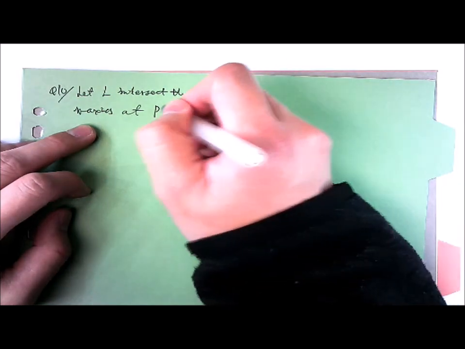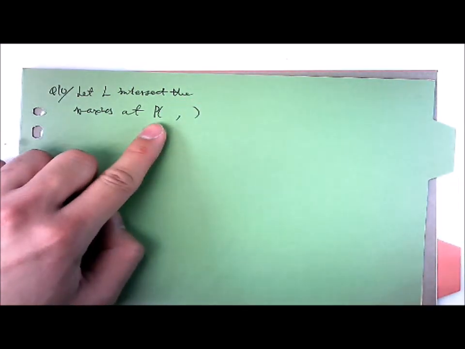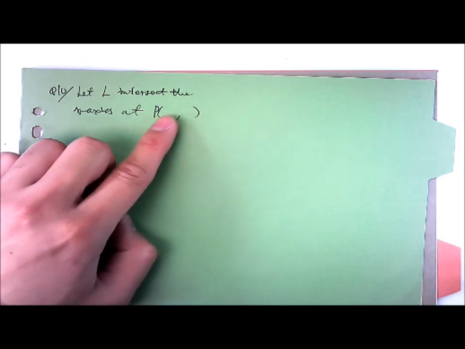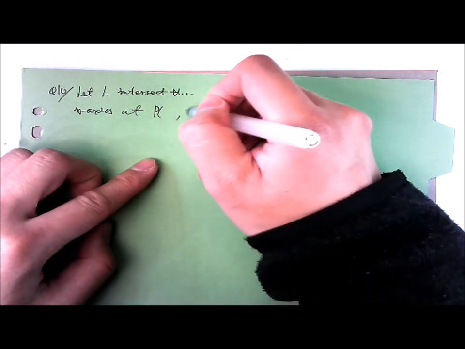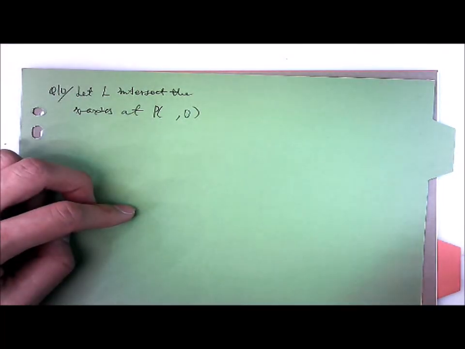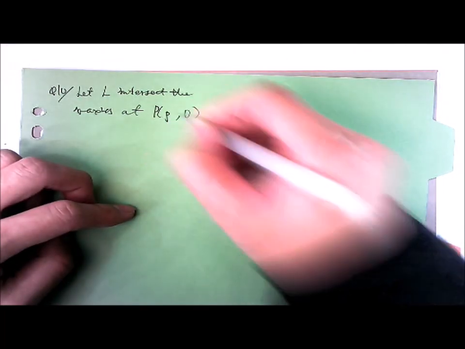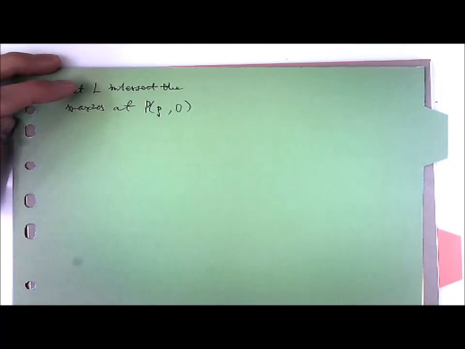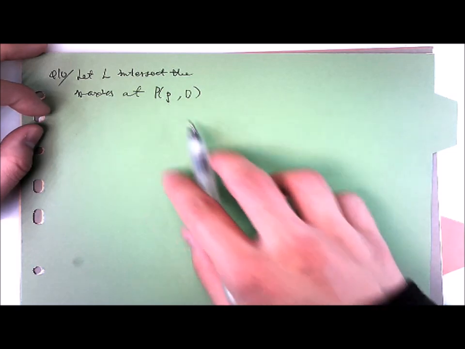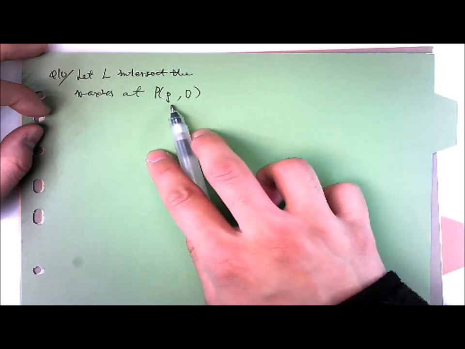Because this P is on the x-axis, one part of P here must be 0. Understand? So this part we don't know. We call it p, the small letter p. What we have to find out is this small letter p.